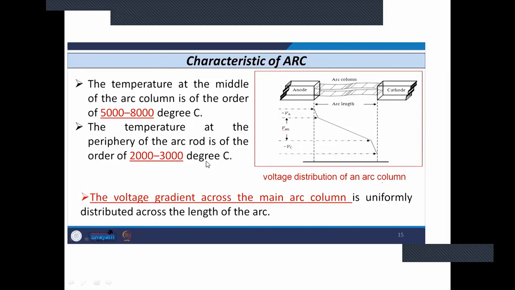At the middle we have 5000 to 8000, and at the periphery of the arc rod we have 2000 to 3000. The voltage gradient across the main arc column is uniformly distributed throughout the length of the arc.